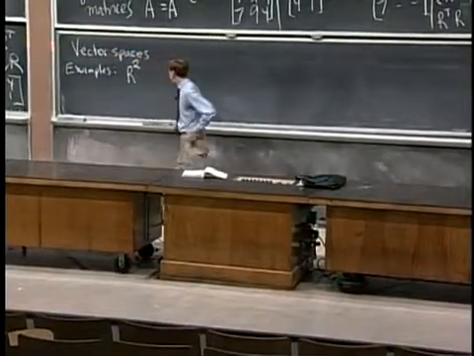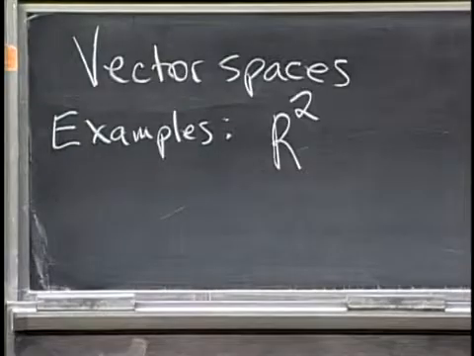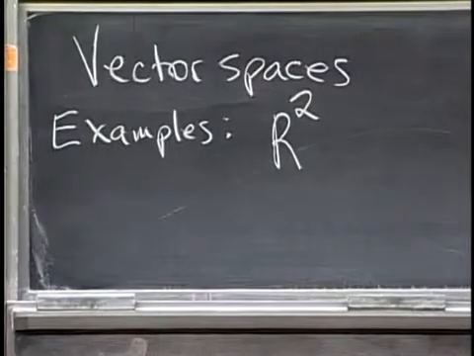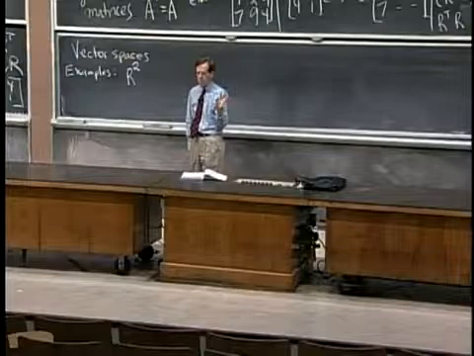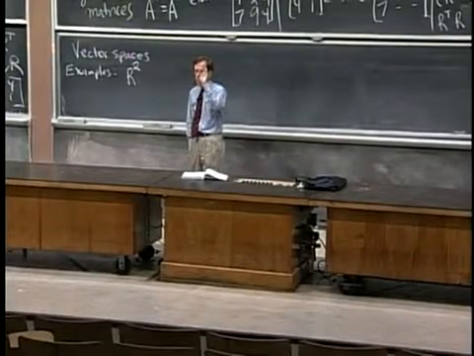So there's a vector space. What's that vector space? R2 is telling me I'm talking about real numbers, and I'm talking about two real numbers.